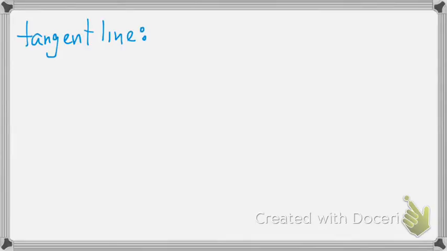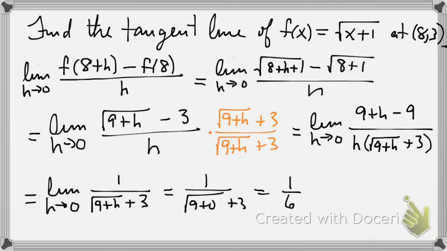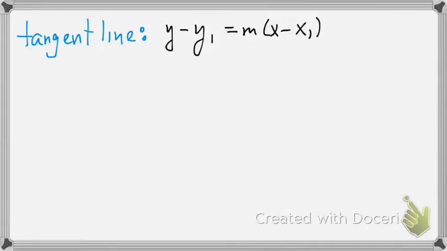So for the tangent line, y minus y1 equals m times x minus x1, where we need a point and a slope, and we have it. The point was 8, 3. The slope was 1/6. So this is y minus 3 equals 1/6 times x minus 8.